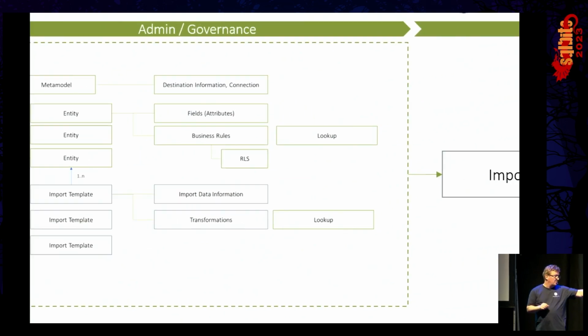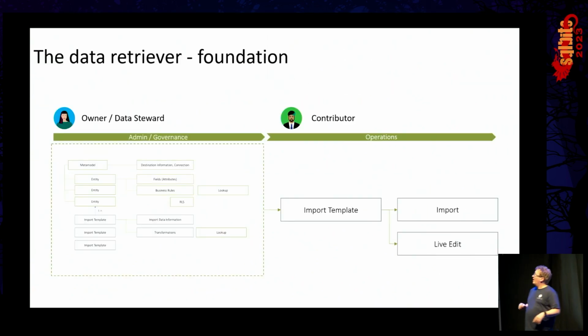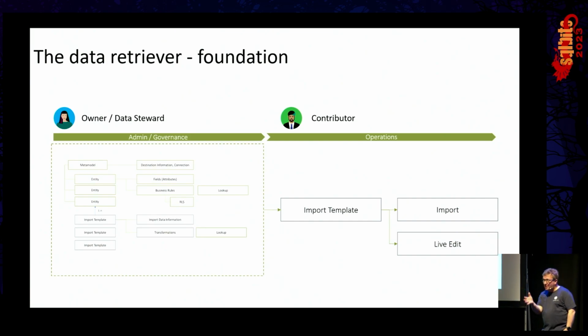If you go into the whole overview, you see we split it a little. The left side, from your perspective, is the admin and governance side. From a role perspective, there is an experienced data steward who knows the sources, the entities and the meta model, so he or she is relevant for the governance part of the upload.